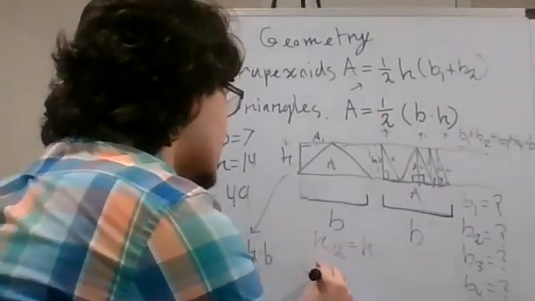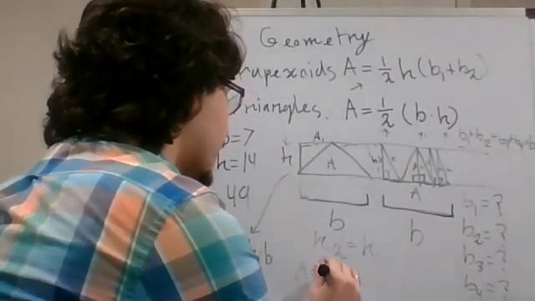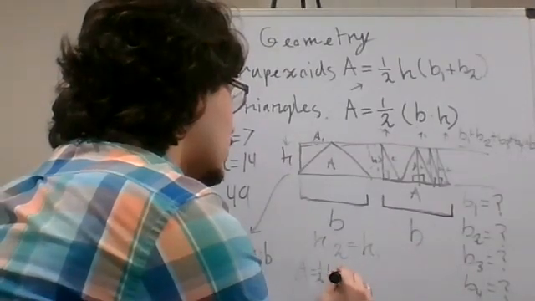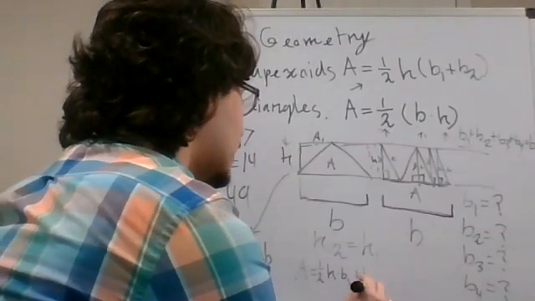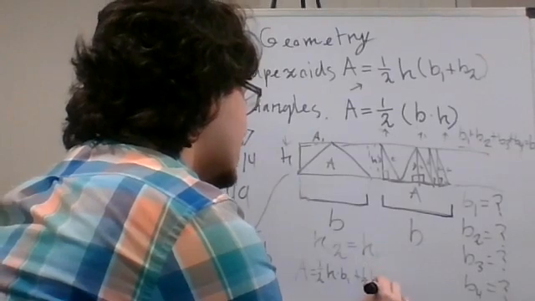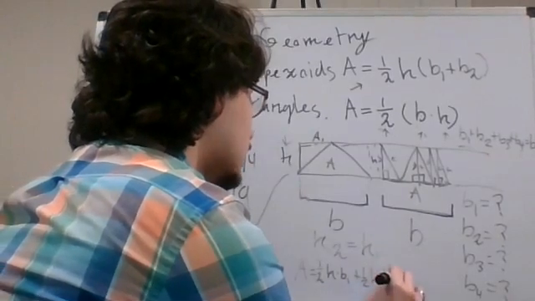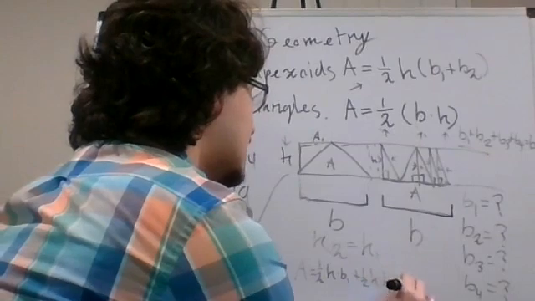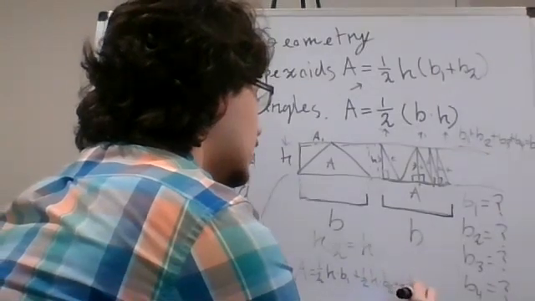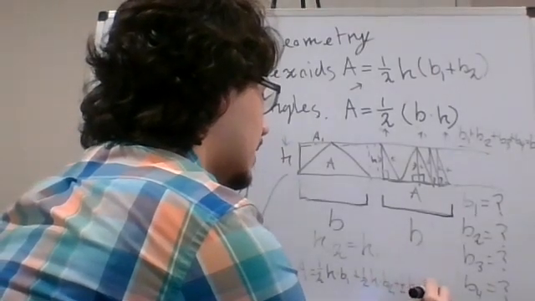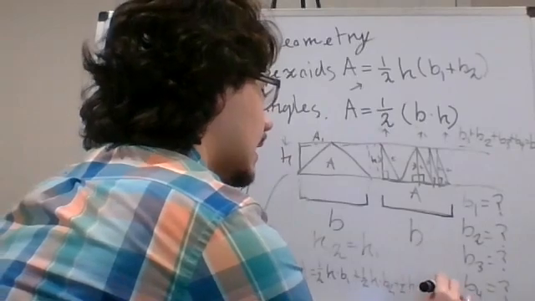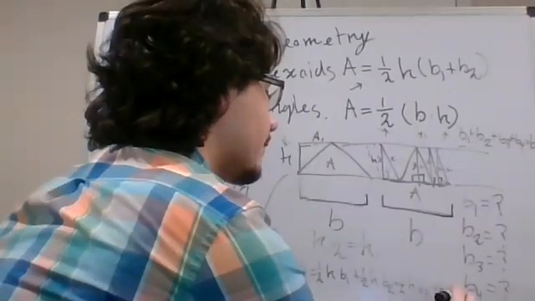So let's write it as 1/2 height times base 1 plus 1/2 height times base 2 plus 1/2 height times base 3 plus 1/2 height times base 4.